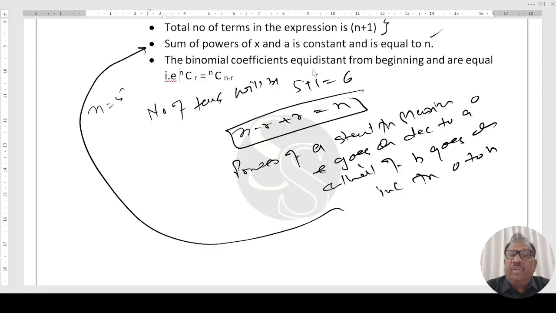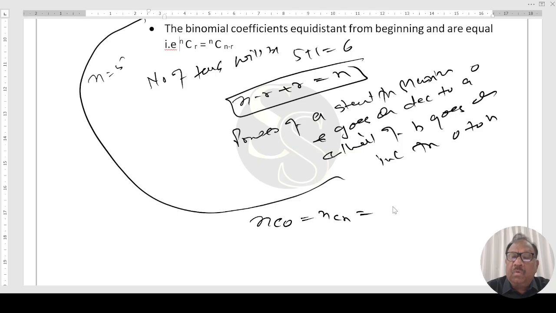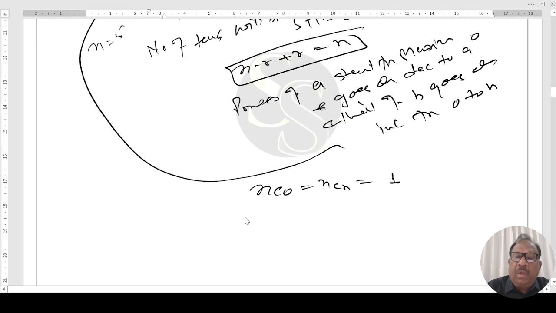Next, binomial coefficients equidistant from the beginning and end are equal. Means nC0 equal to nCn, that is equal to 1. nC1 equal to nC(n minus 1). nC1 equals factorial n upon factorial n minus 1 into factorial 1.